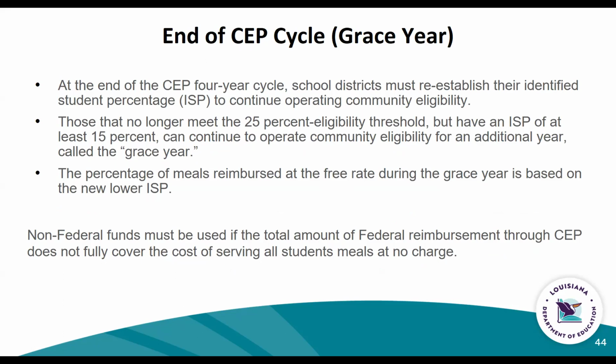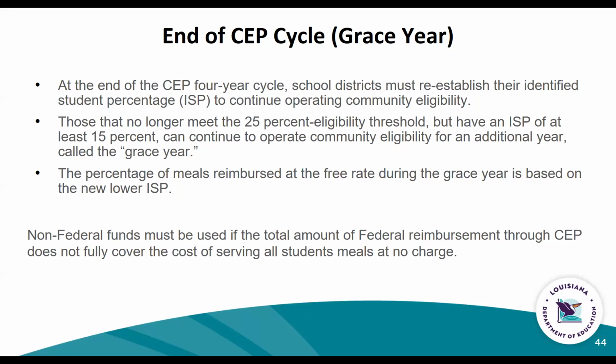The end of CEP cycle or grace year. So what if the school food authority does not have an identified student percentage of 25% or higher in year 4 of the current cycle? In this situation, the SFA may be eligible to stay on the option for an additional year, which is a grace period. In order to be eligible for this grace year, the identified student percentage in year 4 of the last cycle must be between 15 and 25%.